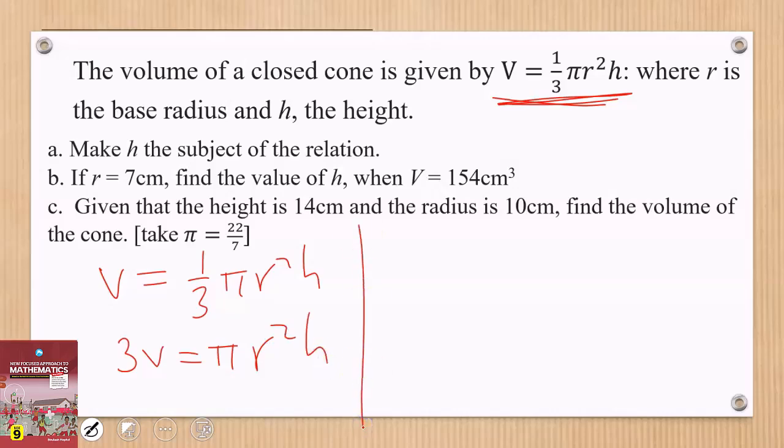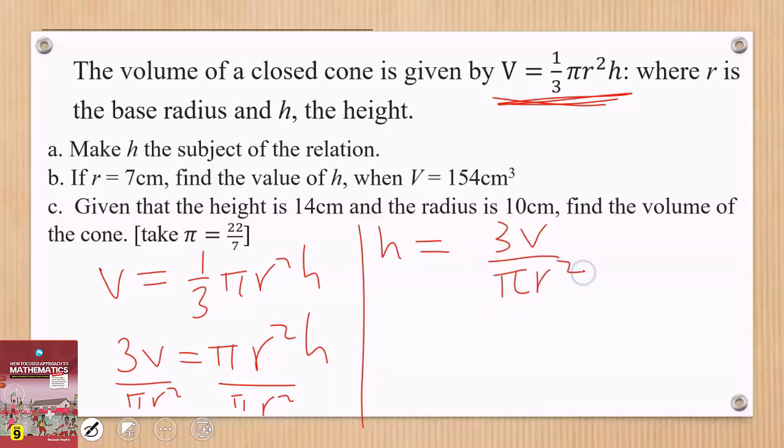Now, because we want to make h the subject and h is multiplying pi r squared, we need to divide both sides by pi r squared. So our h becomes 3v over pi r squared.